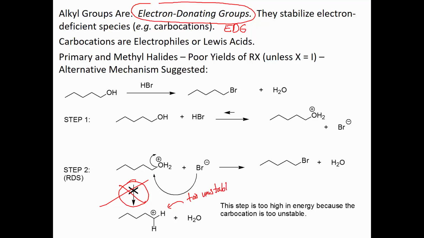So this SN2 pathway takes over, and we see the concerted second order process that involves both species, the halide and the alcohol or protonated alcohol in the reaction.